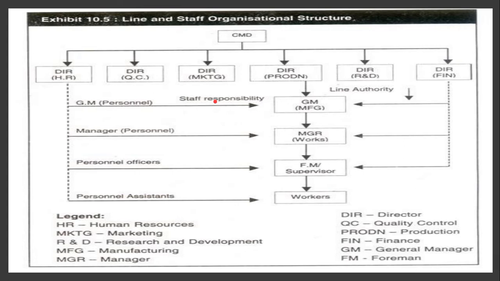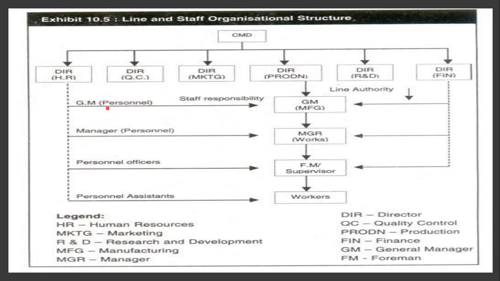Here also you are seeing the straight line which shows the line authority, whereas the dotted line is shown as the staff authority. Now here the staff authority is appointed permanently, as they are having a staff responsibility where unity of command is not violated, and they give their expert advice and help the different departments' directors.